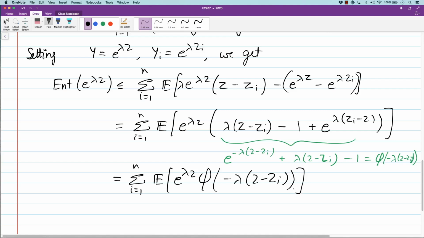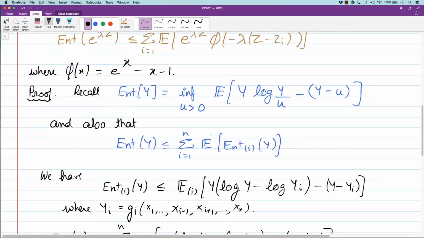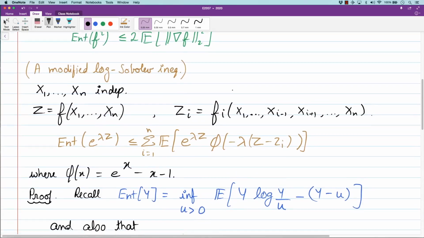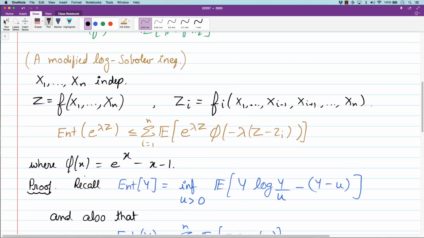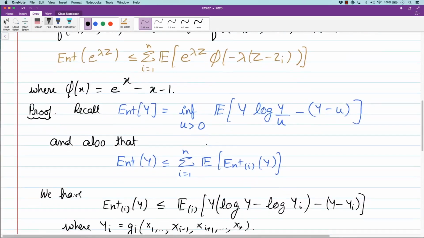This general bound, that's what we were after, is called the modified log-Sobolev inequality, and this function phi has some approximation properties which we will use to obtain concentration bounds.